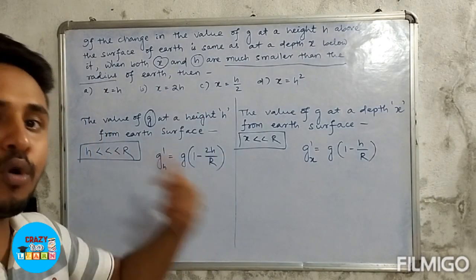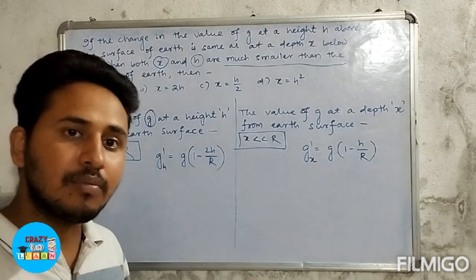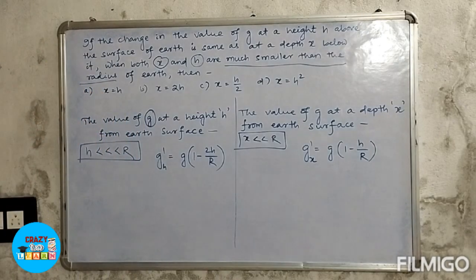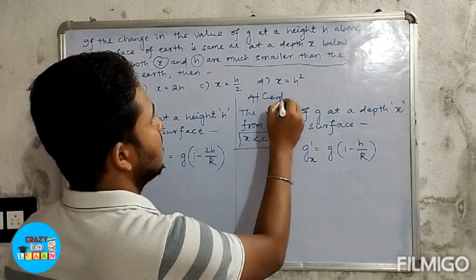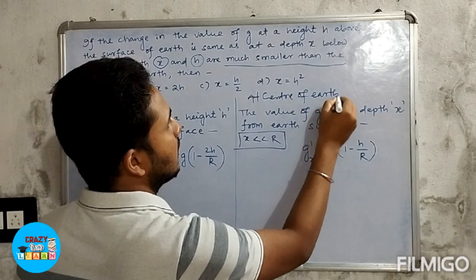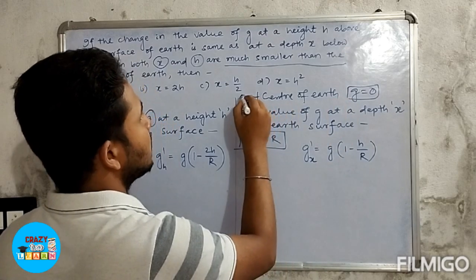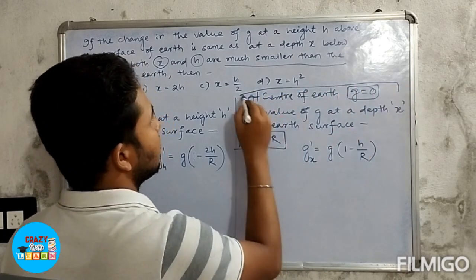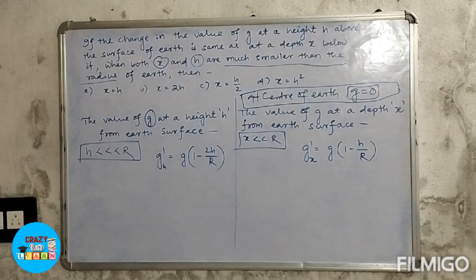When you go deeper, the value of g becomes smaller, and at the center of the earth, the value of g is equal to 0. Remember, at the center of earth, g is equal to 0. This type of question also comes in your exam, so just remember this.